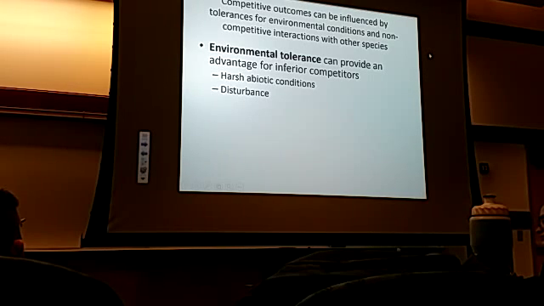Right? So that could be some kind of harsh abiotic condition, and we'll look at some examples that will illustrate what those might be. But for example, in a seashore environment, high salinity would be stressful for plants.